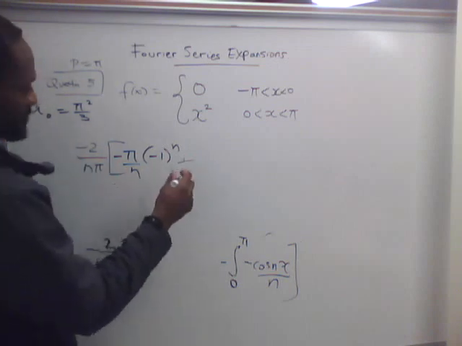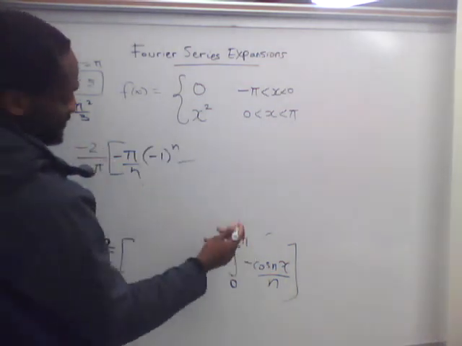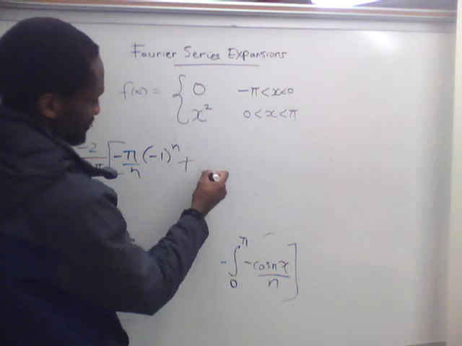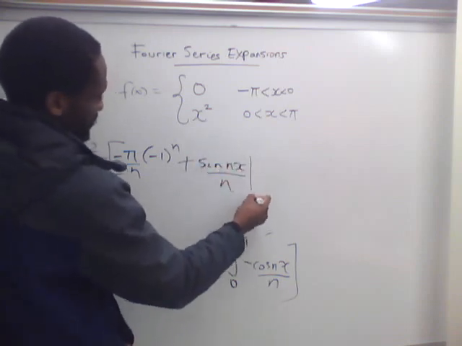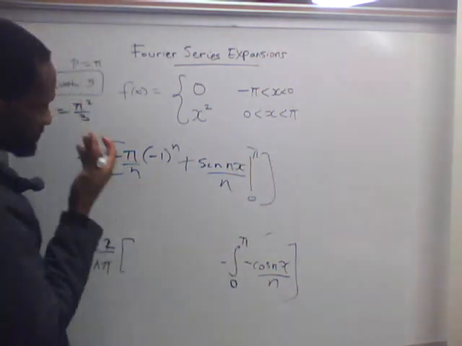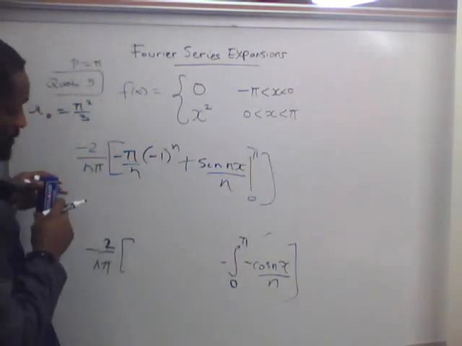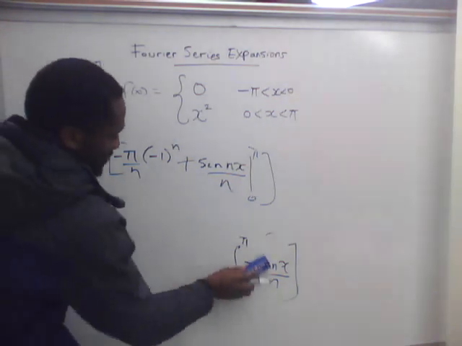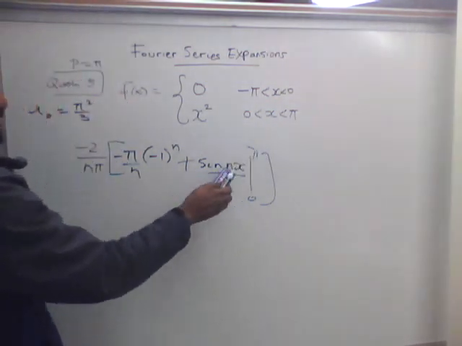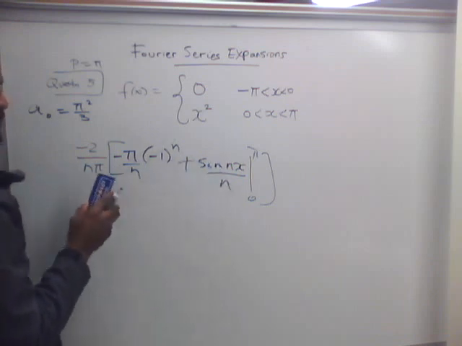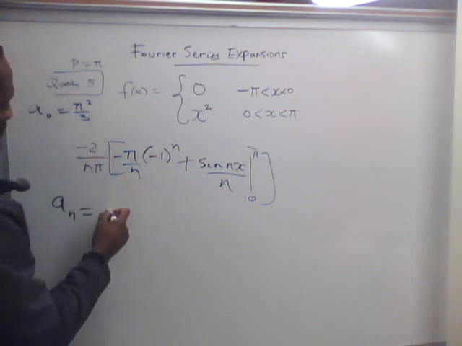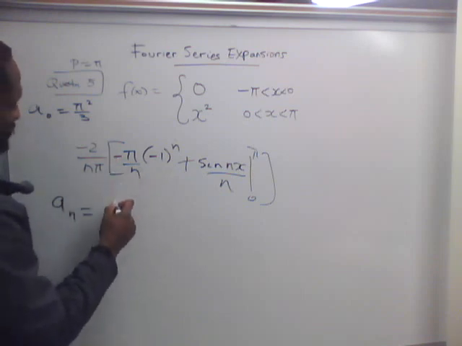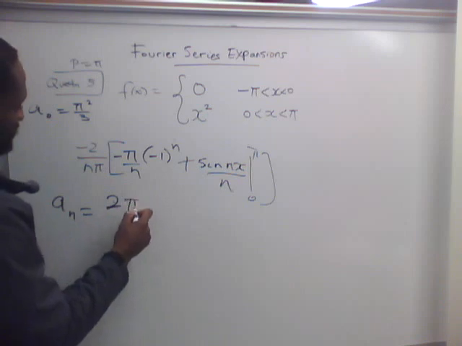The second one is when I integrate that, I get plus sine nx over n, evaluated at 5. Like before, sine of n pi is always 0, sine of 0 is 0. So an is simply positive now, 2 pi over n squared pi.